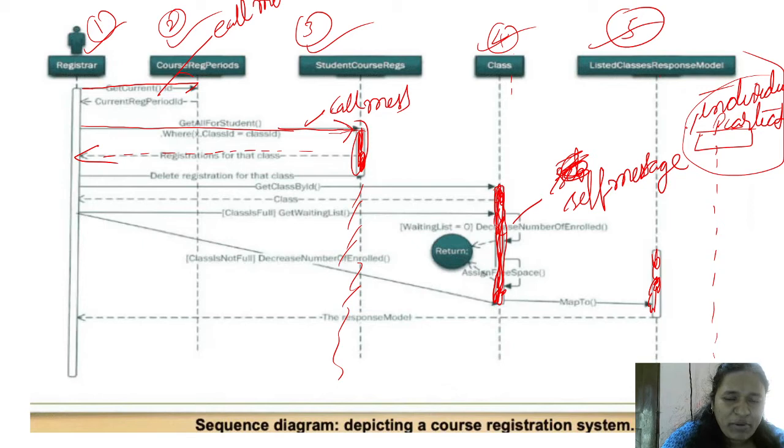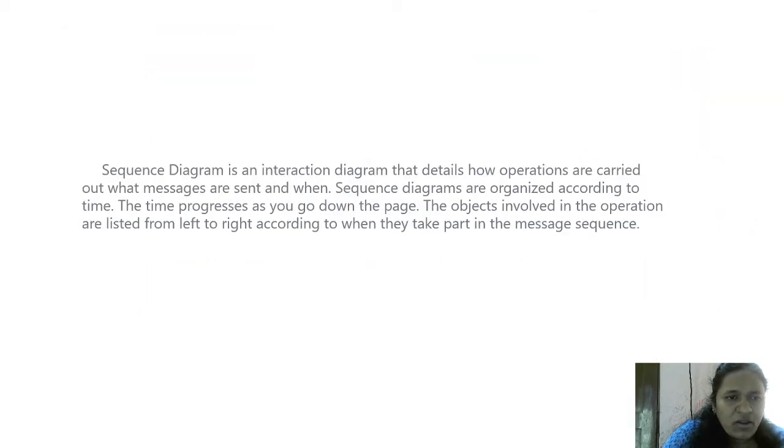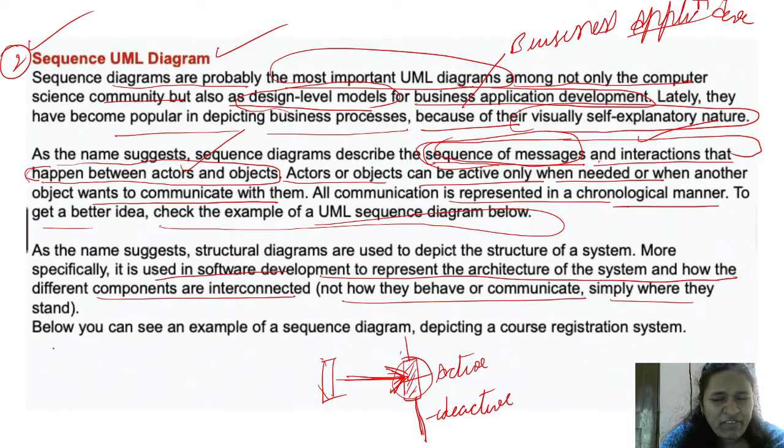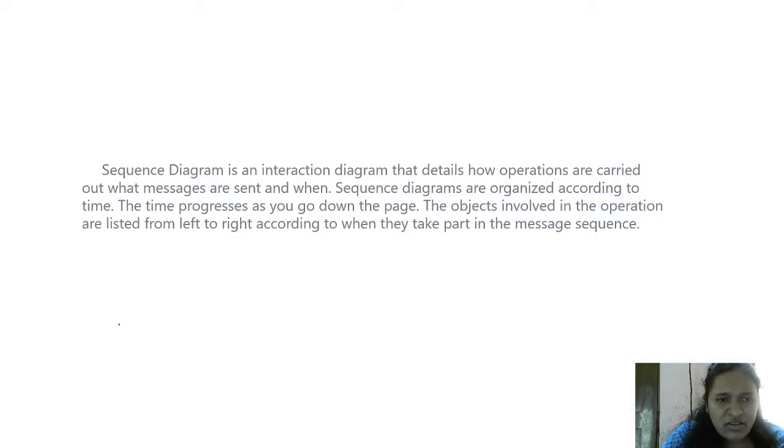Please remember this. In the previous years' questions you will see this is a lifeline. You have to understand what is there in the sequence diagrams and how it is working. It is used in software development to represent the architecture of the system and how different components are interconnected. See, a sequence diagram is an interaction diagram that details how operations are carried out, what messages are sent and when.